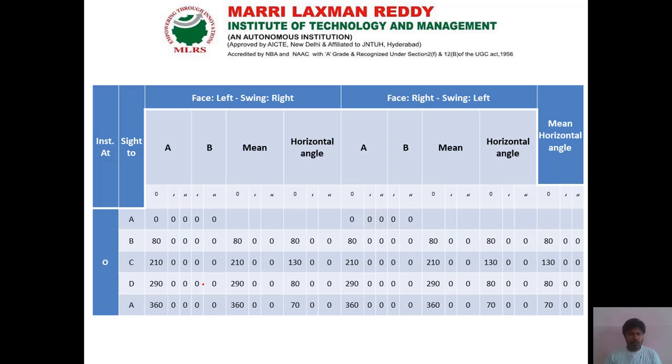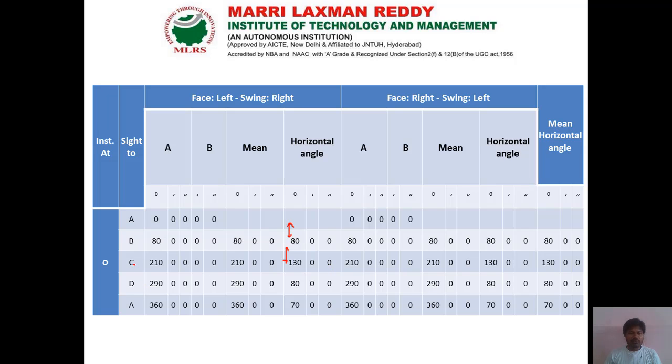Next, I get the horizontal angle, which is nothing but the difference between the consecutive angular readings. The first is 80 degree, 0 minutes, 00 seconds. The angle BOC is 210 degree minus 80 degree, so I get 130 degree, 0 minutes, 00 seconds.